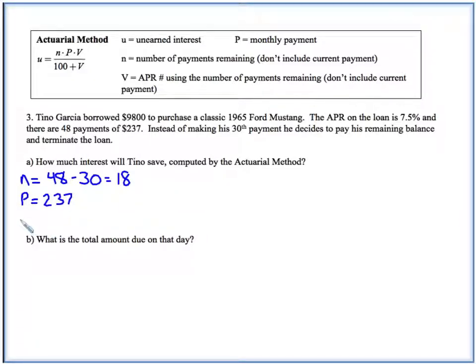And the last thing we need to find is V, and that's going to be our APR number. Notice we're given the APR of 7.5%, and we have 18 remaining payments. So this is what we're going to do. We're going to take our 7.5% APR and combine it with 18 payments, and that's going to give us our APR number.